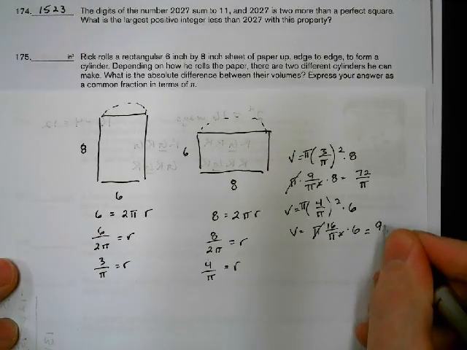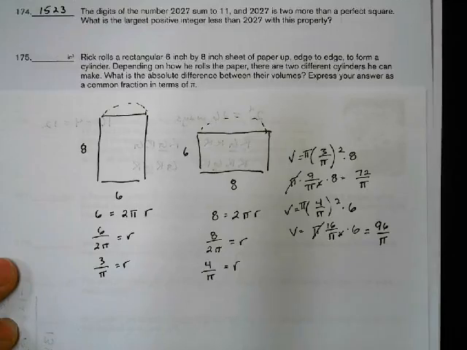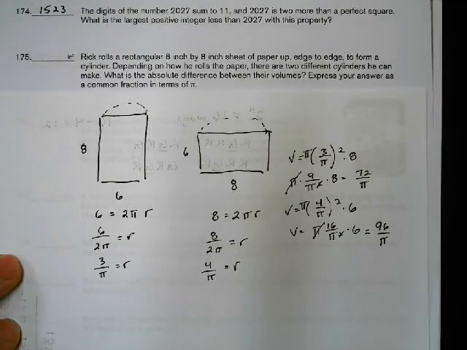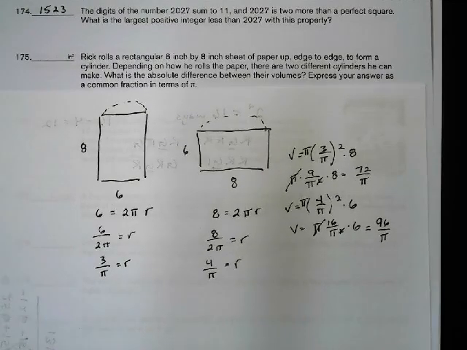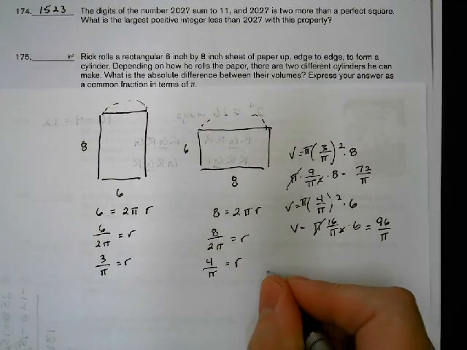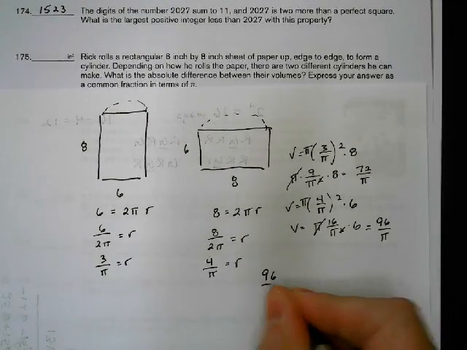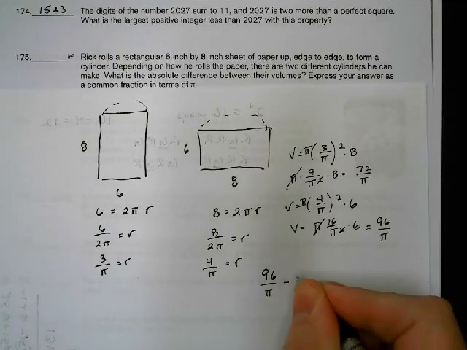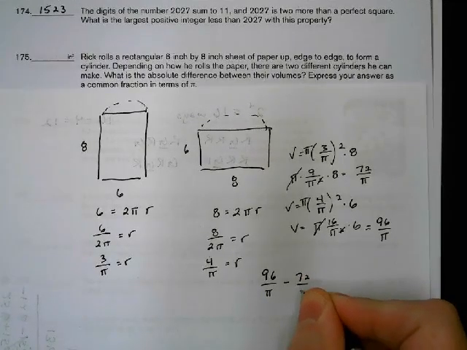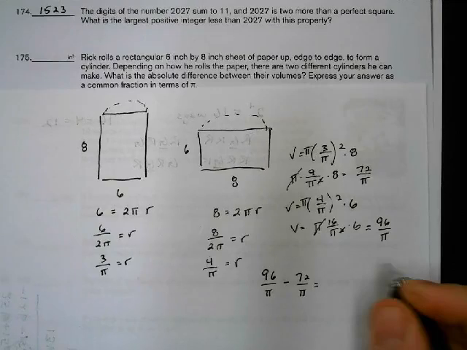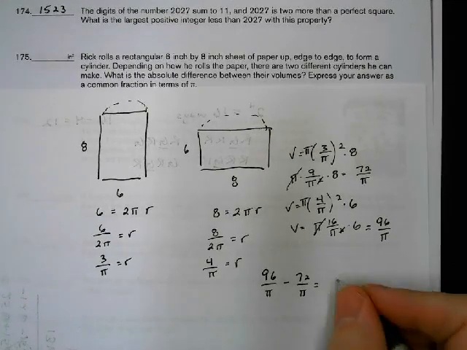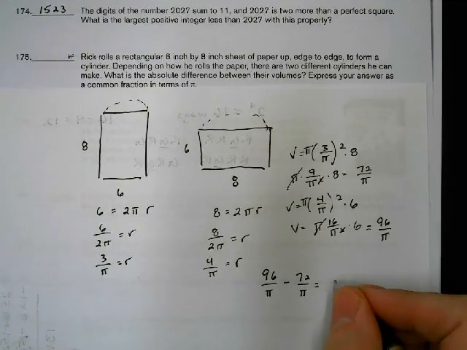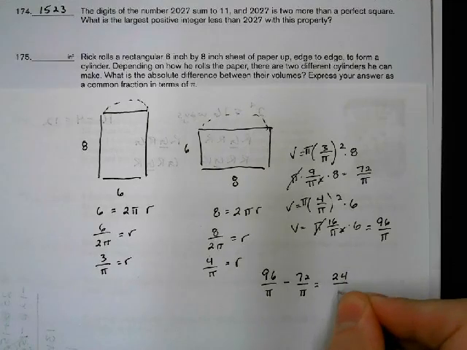So I want the absolute difference between 96 over pi and 72 over pi. So 96 over pi minus 72 over pi is going to end up giving me 24 over pi. And that is our final answer.